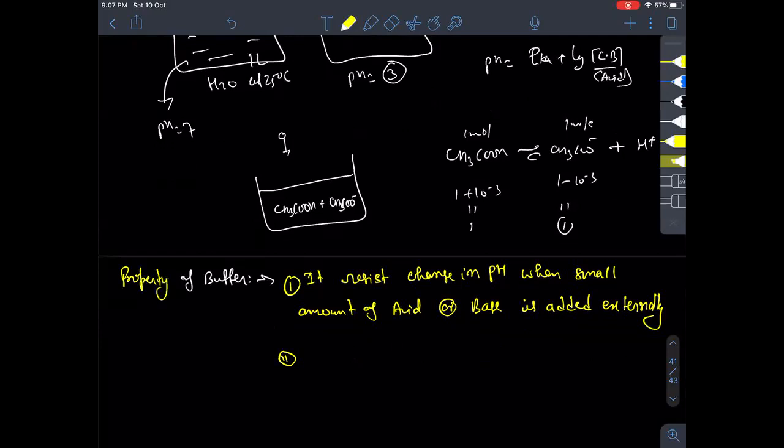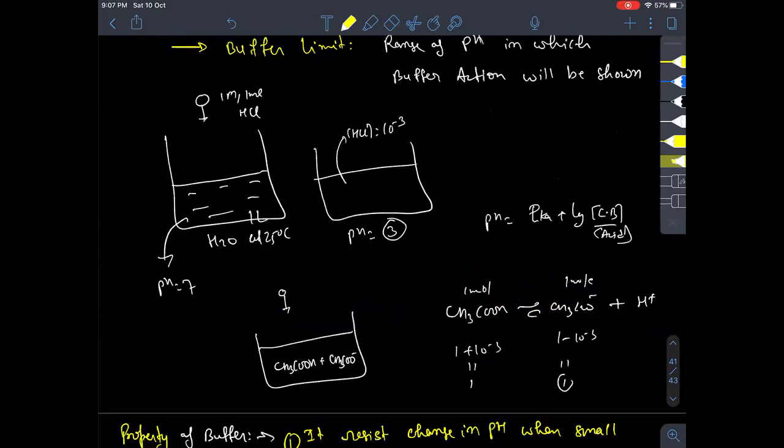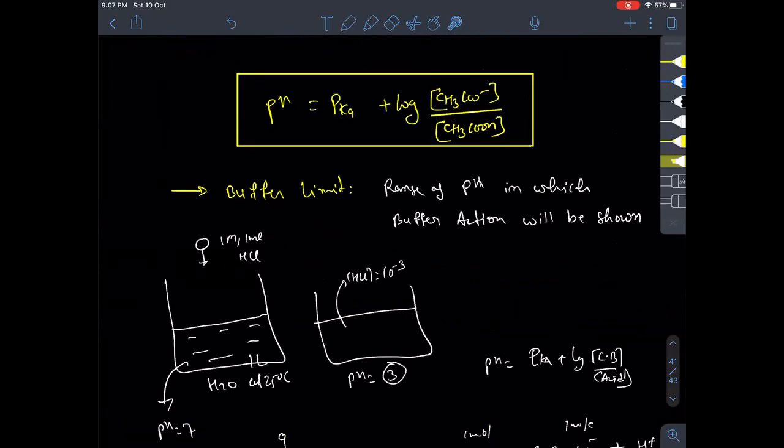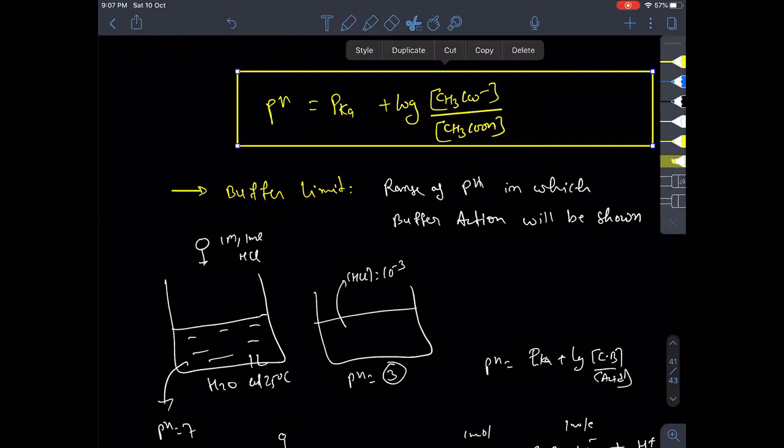And the other property which we can prove from here is, you look at this. This is the ratio of the concentration. Basically, if you write down this value, it is the number of moles of conjugate base divided by the volume of solution, whole divided by moles of acetic acid divided by volume.